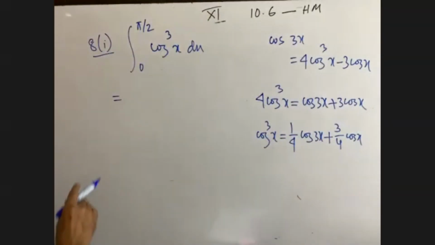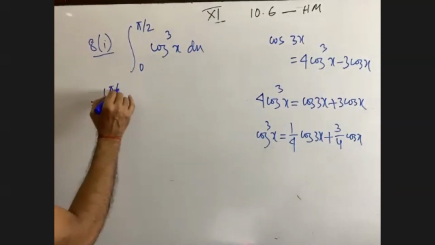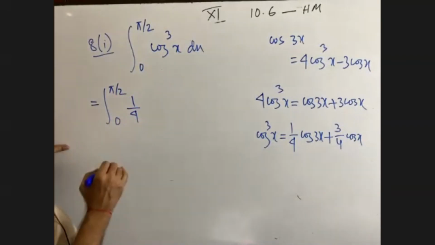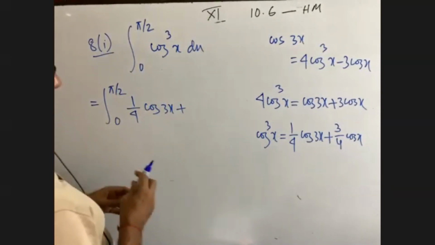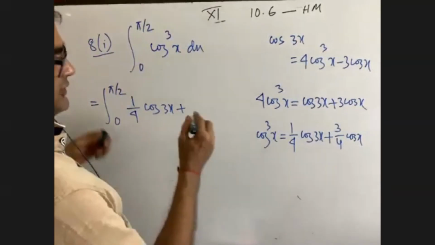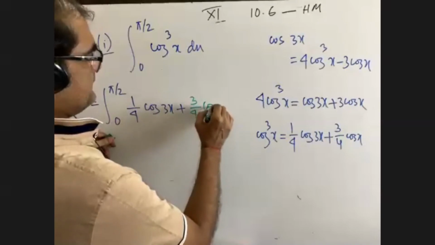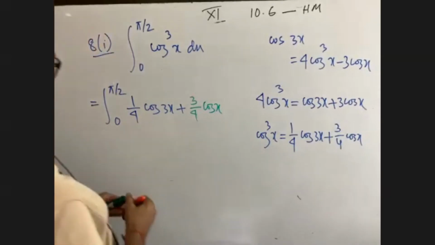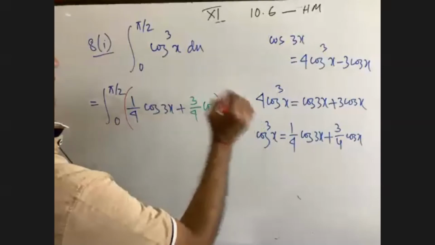So we can write here the limits pi by 2 and 0, and inside the bracket 1 by 4 cosine 3x plus 3 by 4 cosine x, dx.